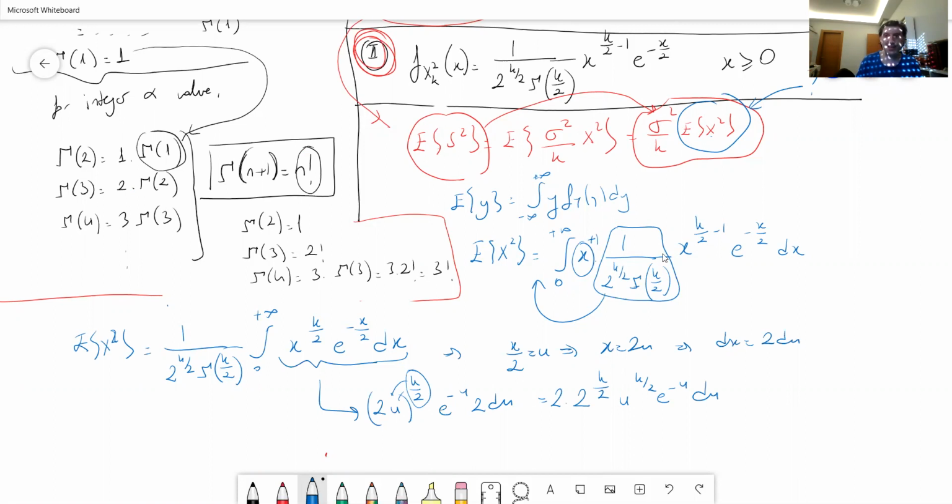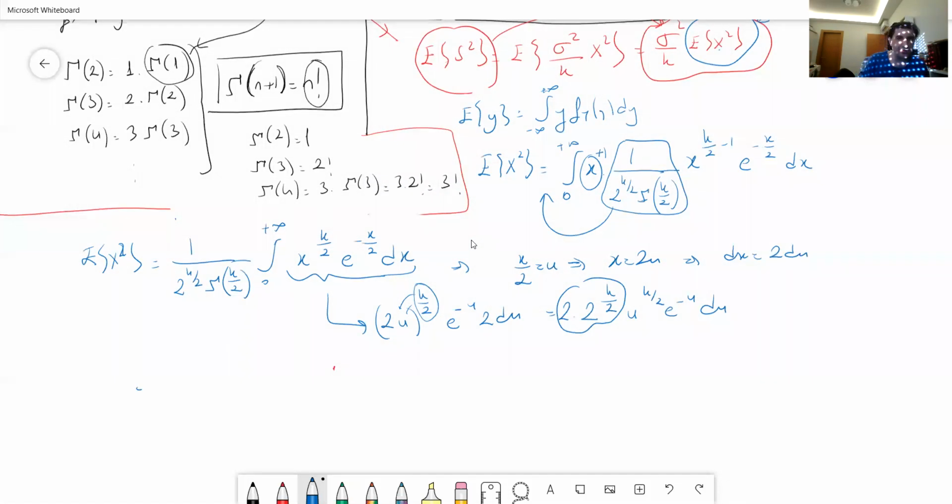All right, now note that these are constants, so they can be taken out of the integral. So 2 times 2 raised to the power k over 2 divided by 2 to the k over 2. Hopefully these will cancel. And the integral from 0 to plus infinity of u^(k/2) exponential minus u du. Note that the integral boundaries will not change because x is equal to 2u, so it's still 0 to plus infinity.